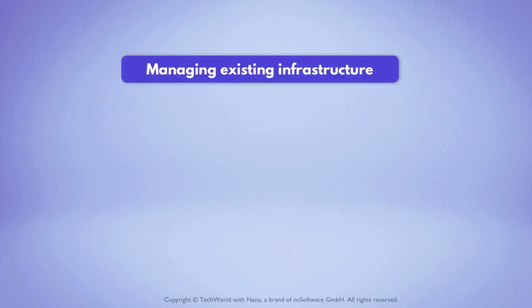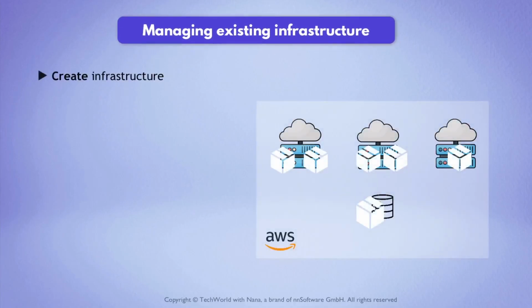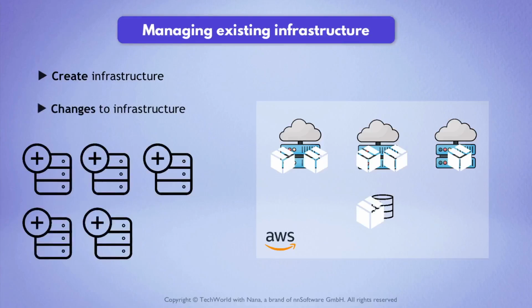So now let's go back to our use case where we created the infrastructure using Terraform and on AWS, provisioned successfully for your project, and you deployed the application on it. Now you decide that you want to add 5 more servers to the existing infrastructure to deploy more microservices because your team developed some more features and they need to be deployed.